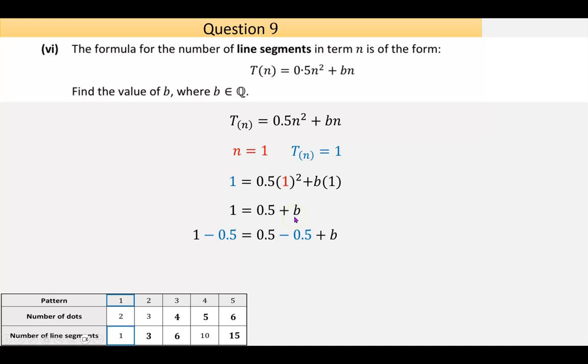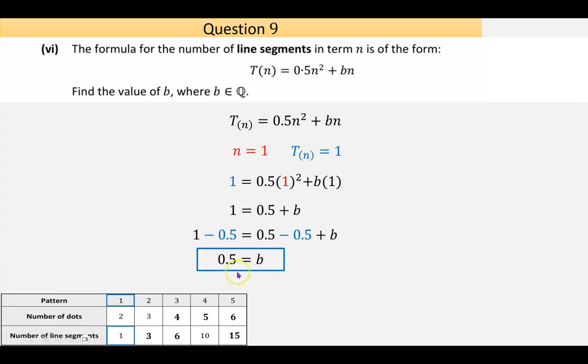Now, to resolve this, I need to get rid of the 0.5, so I'm going to take away 0.5 on the right-hand side. If I do something to one side, I have to do it to the other side, so I'm going to take away 0.5 on the left. 1 take away 0.5 is 0.5, and then these 0.5s have cancelled out. So my answer is 0.5, and that's it.